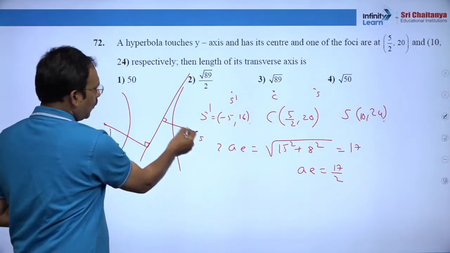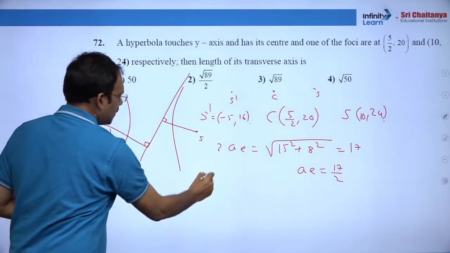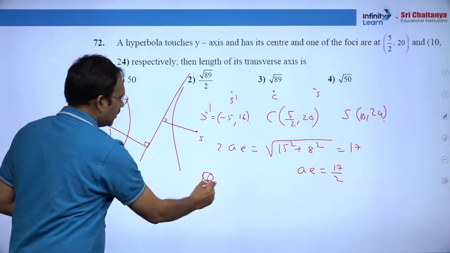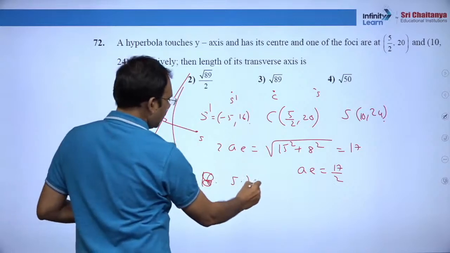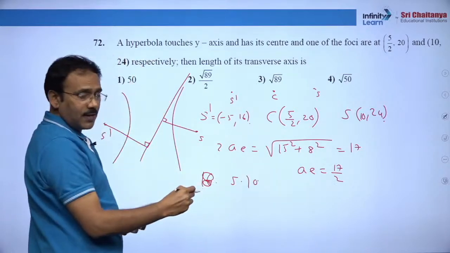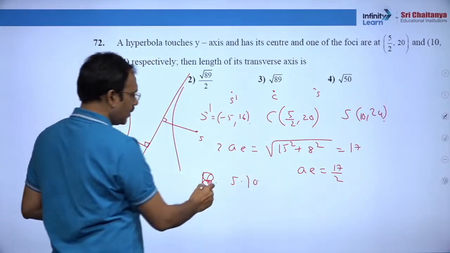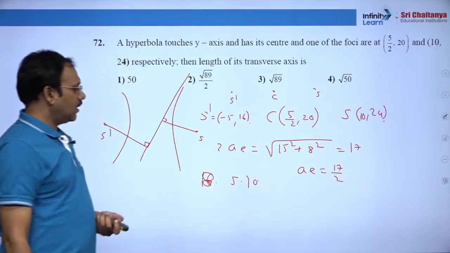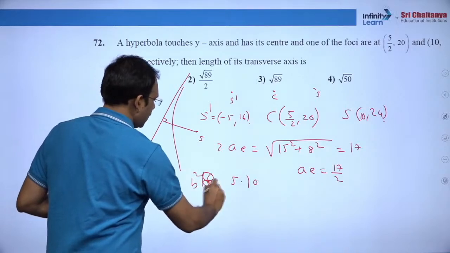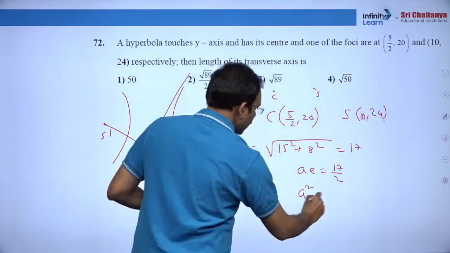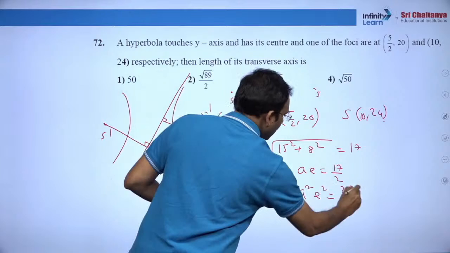So, S to y axis perpendicular distance is mod x1, which is 5, and the other is 10. So, this P1 into P2 is b square, yes, b square is equal to 50.